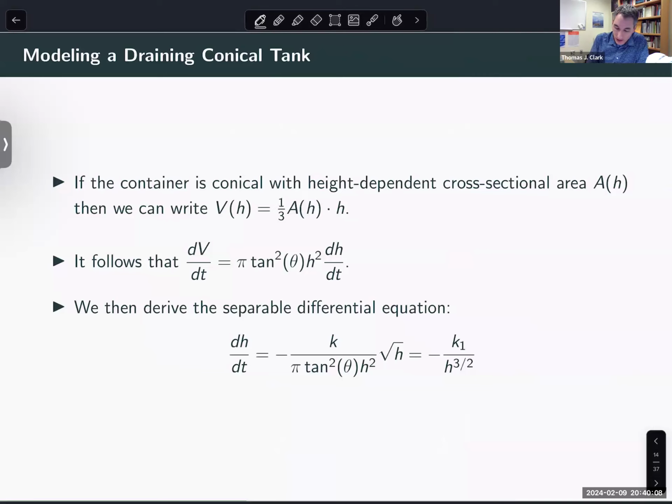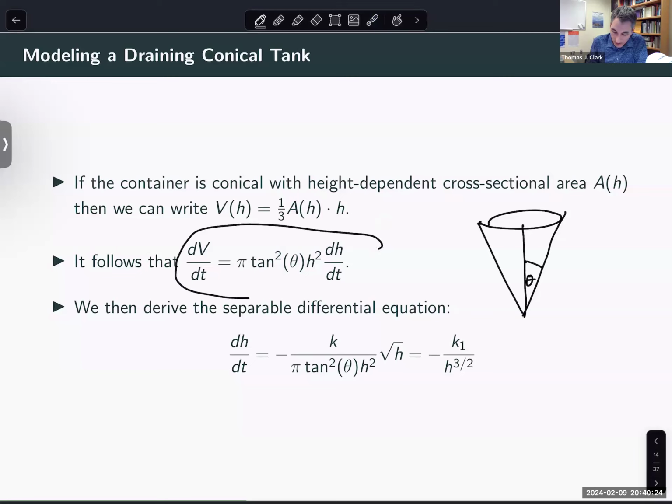So essentially, the only thing you have to change is that volume formula, which, if the cone has a particular angle theta down here, which I guess every cone would have, then you can write dV/dt according to that equation. It's basically geometry.